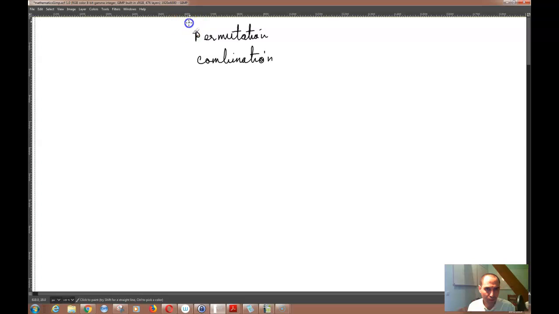We have talked about permutation, we have talked about combination, and everything concept-wise in this chapter, which was chapter 7 of class 11, permutations and combinations.